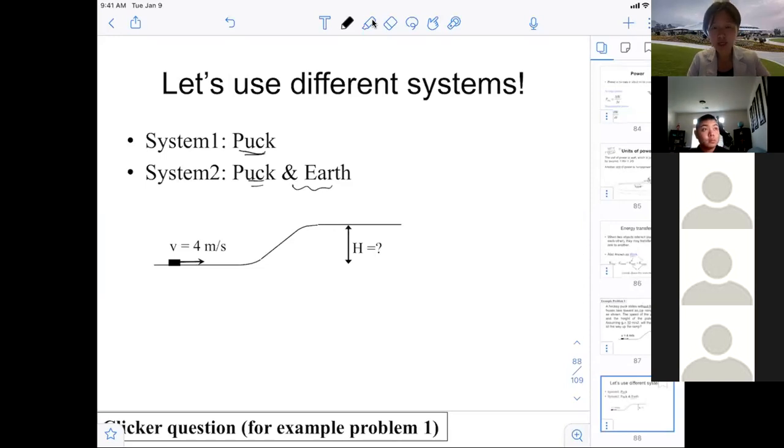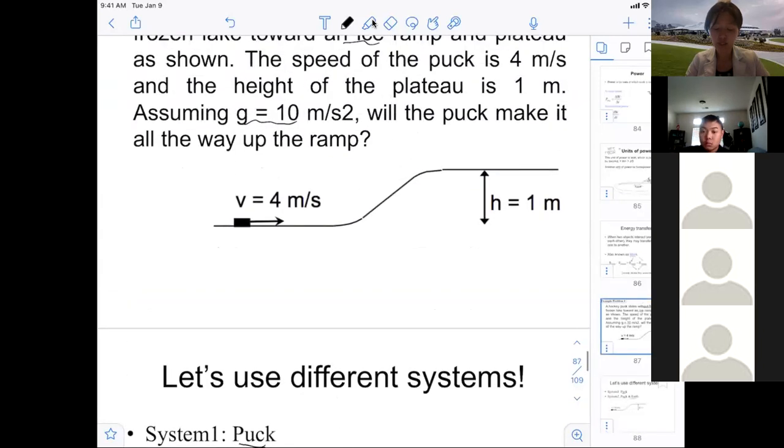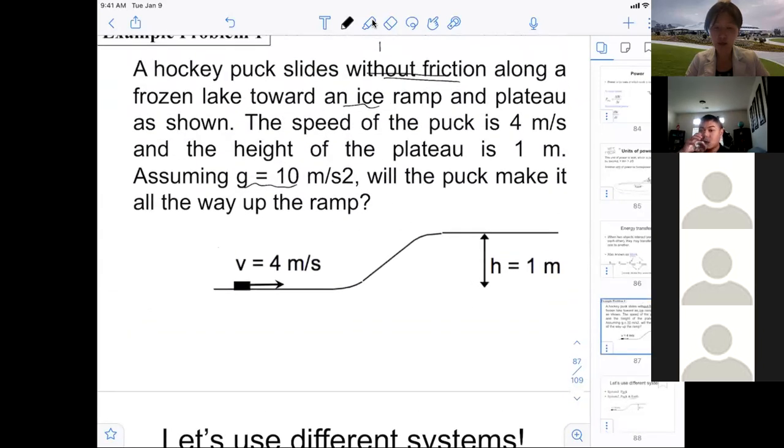And what the problem is asking is, what is the highest the puck could go? Let's say with 4 meters per second, it can only go up as high as 80 centimeters, for example. Then you can go back to the question and say, if the highest it can go is 80 centimeters, that's less than a meter, it's going to go a little over halfway, and then it's going to slide back because it cannot go any further.